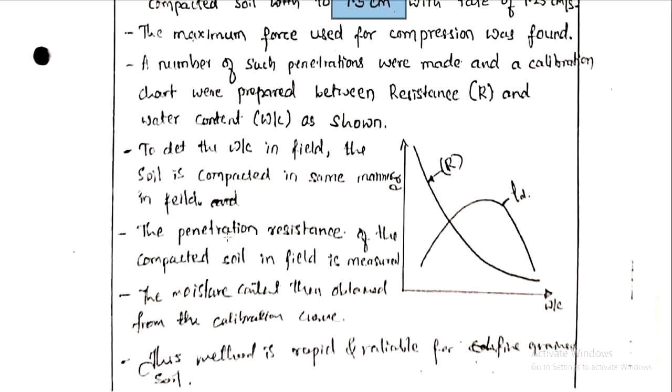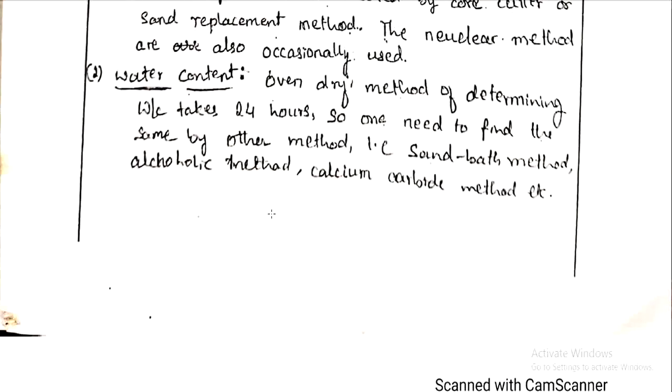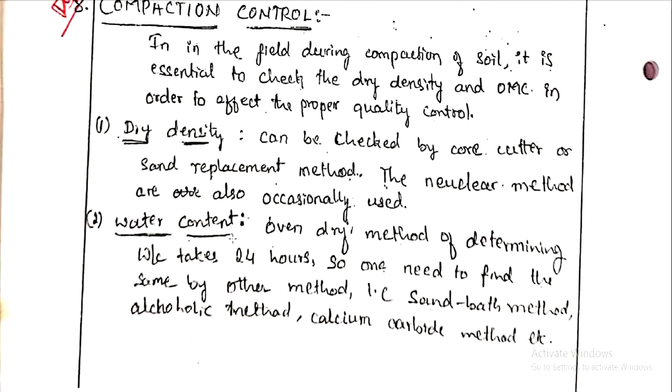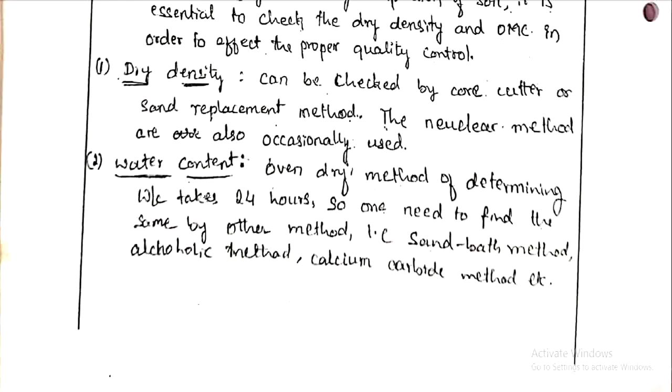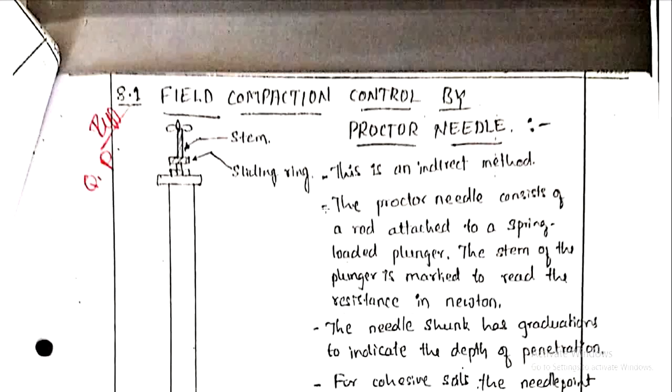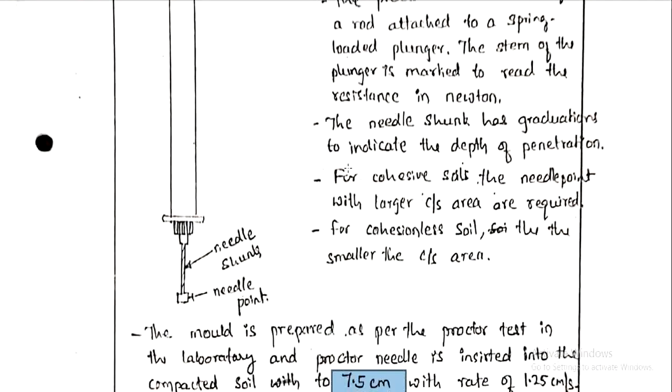Remember this. In the field, we need to find out the water content. Actually, in the field, we need to control these two things, that is dry density and water content. If the water content is proper and we start compacting, we are going to achieve the maximum dry density which is required. But controlling the water content is the matter now, and that can be done by the Proctor needle.